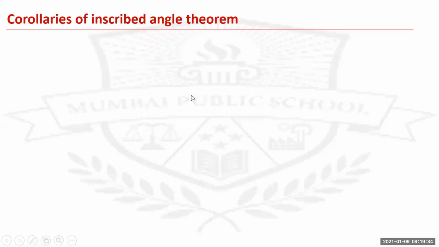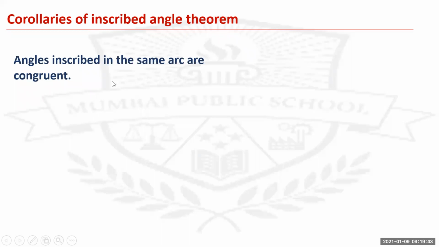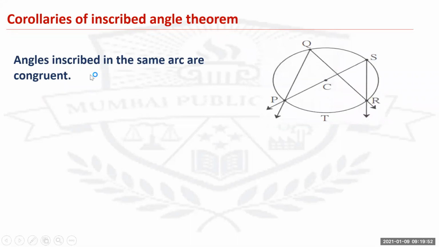So let's move ahead to the next part, the corollaries of the inscribed angle theorem. This we are going to apply. Application is very important. Angles inscribed in the same arc are congruent.